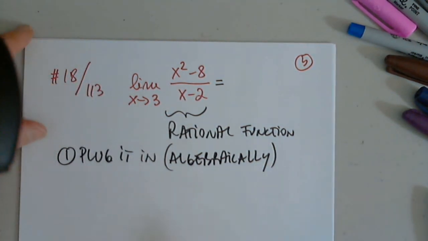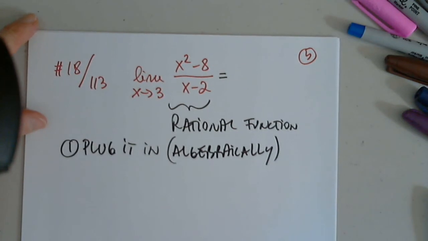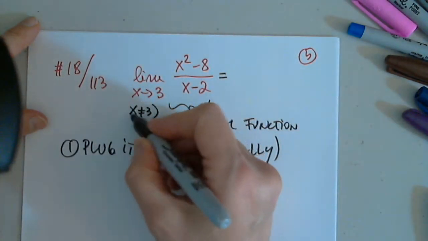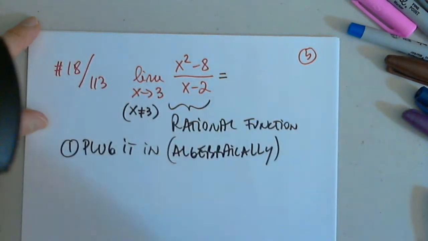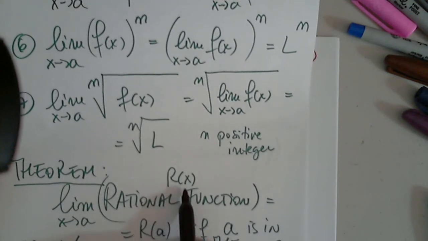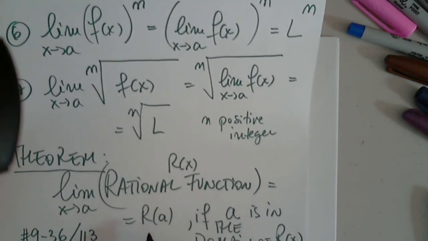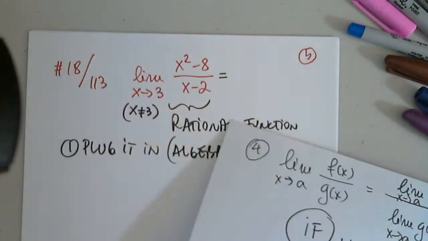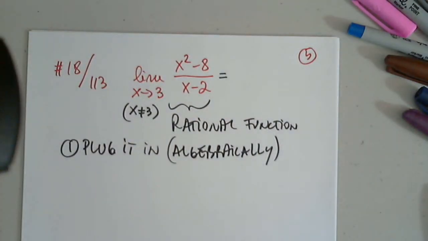And now you should say, wait a minute, you already told us that when we say x approaches 3, we mean x does not equal 3. True. But I also have this theorem that says if you determine the limit of a rational function, plug it in as long as this number is in its domain. Is 3 in the domain of this function?